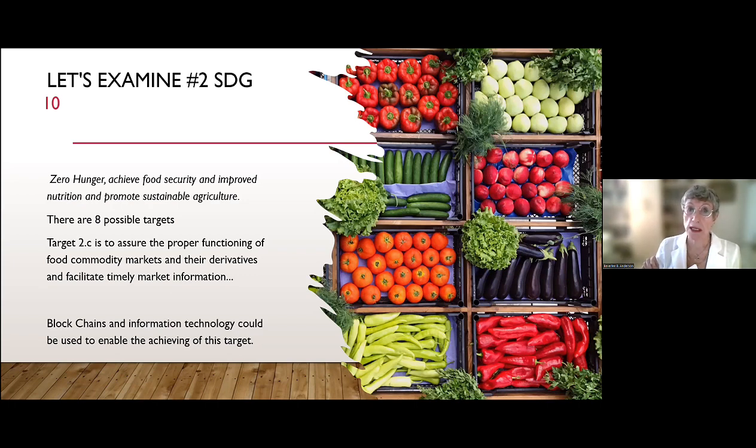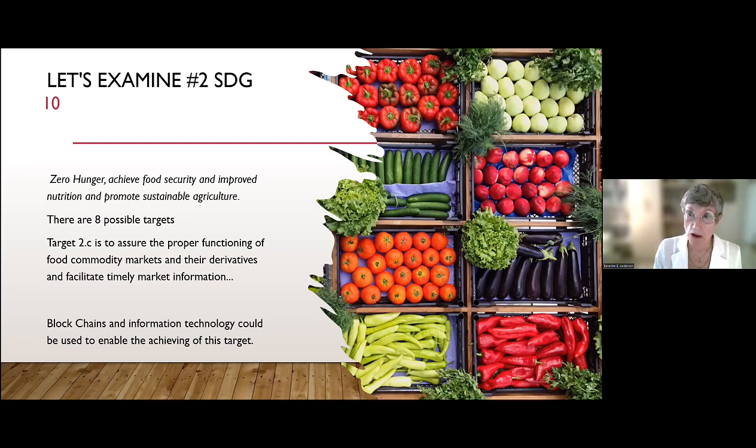Target 2C is to assure the proper functioning of food commodity markets and their derivatives, and to facilitate timely market information. When you look at that, this seems just perfect for AI, because of the information technology that we have today. That would just be wonderful. You could have blockchains, as was mentioned in the previous speaker's presentation.